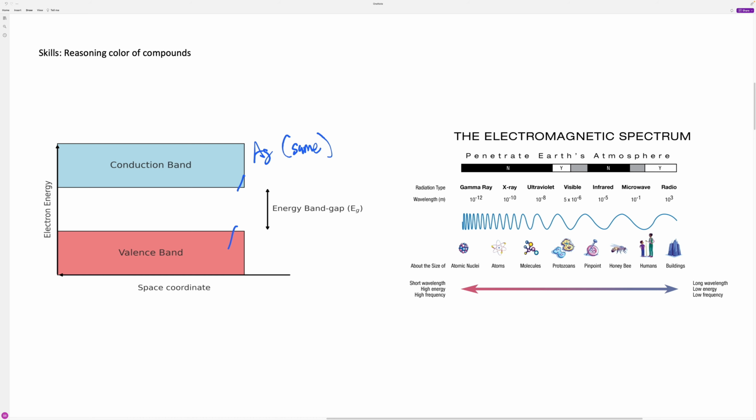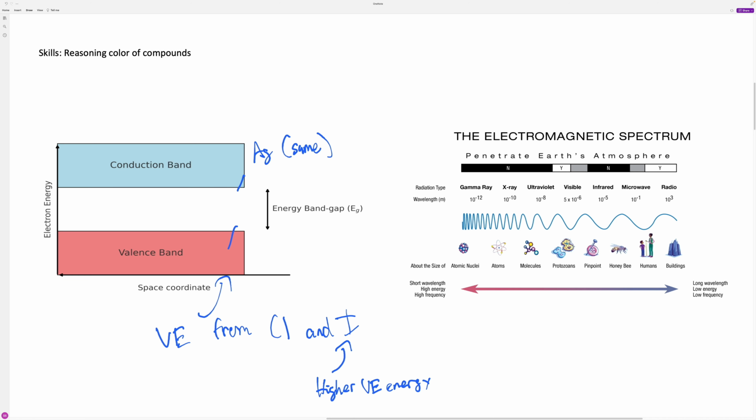The valence band is dependent on the anion, and in this case that's going to be the valence electrons from chlorine and iodide. Now if you look at the periodic table, you see that iodide has a larger atomic radius than chlorine, so its valence electrons are going to be further from the nucleus, and that means they're going to exist at a higher energy because it has a greater distance from the nucleus.